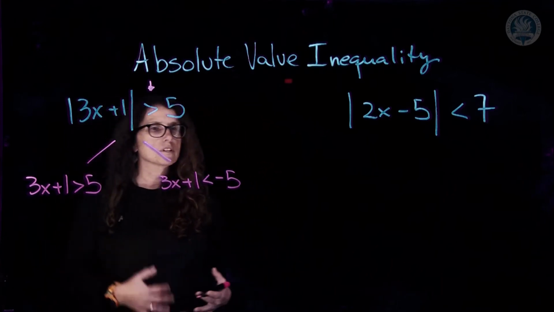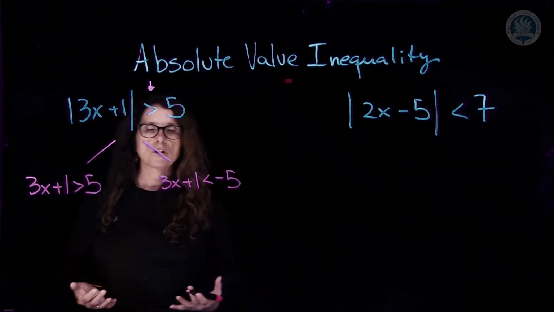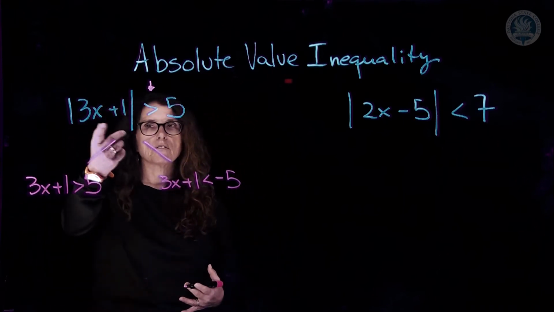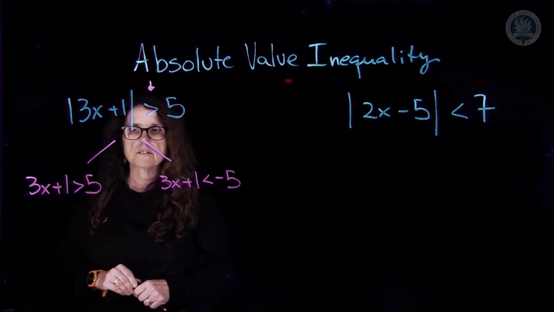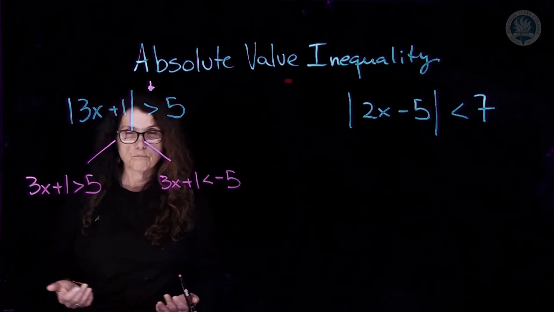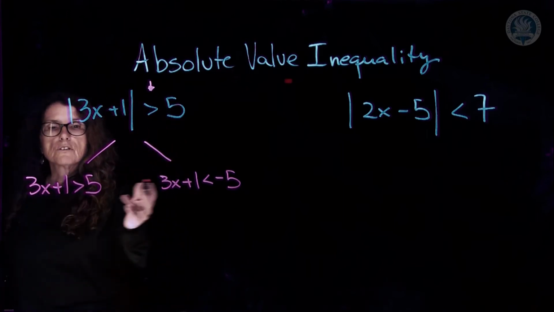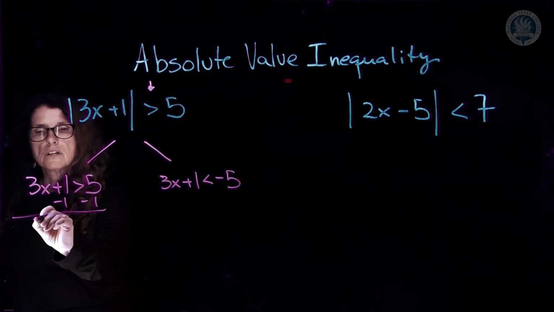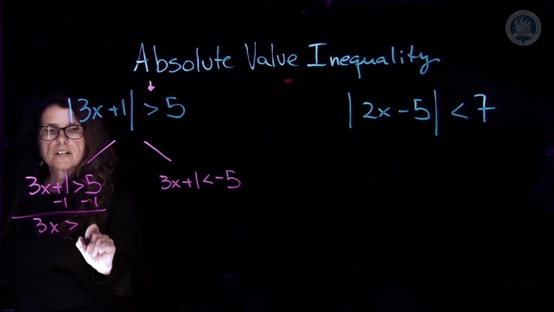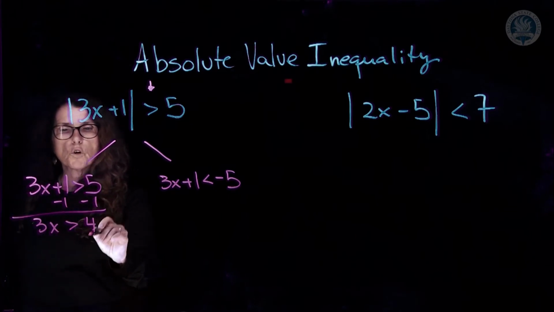Absolute values, we can have two answers. One positive, one negative. However, when we take it out of the absolute value bars, it will be positive, and hopefully we have the right answer. So let's take a look here. We're subtracting 1. 3x is greater than 5 minus 1, which is 4.